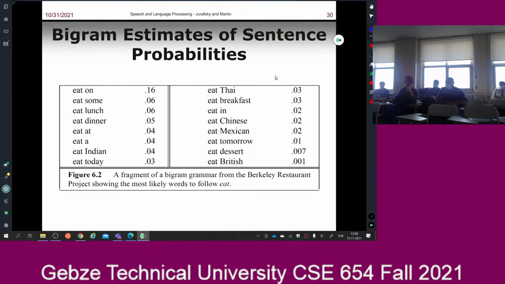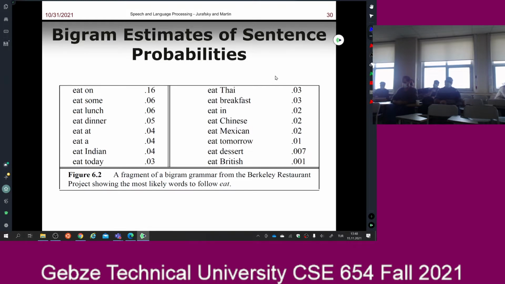Well, unknowns are different from rare words, okay? Unknowns are words where I did not see this before. Every day you keep adding new words to the language, okay? New acronyms, new words, new places, new names, and so on.